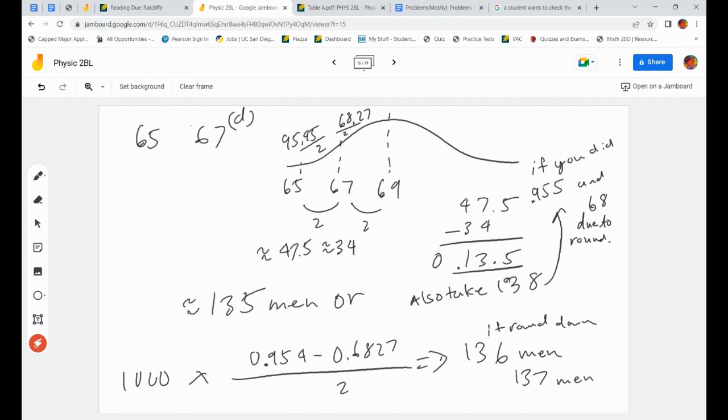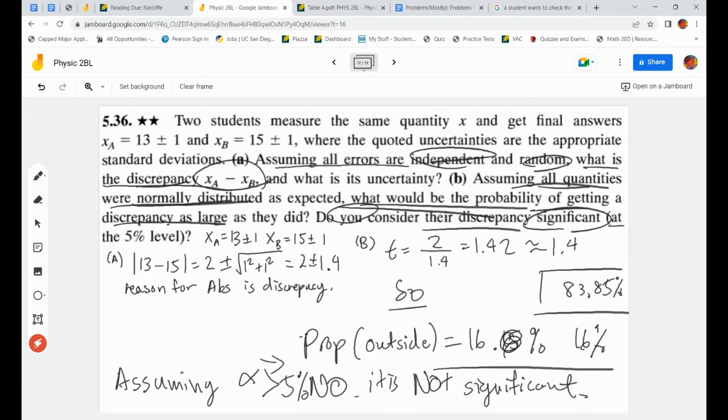There's many ways to do it. Not many. There's only like two ways probably to do it, and all the variation is basically the rounding. You can round it to the second, round it to the first. Depending on how you round it, you get 136, 137, 138, 135. It just depends on how you round it, basically.